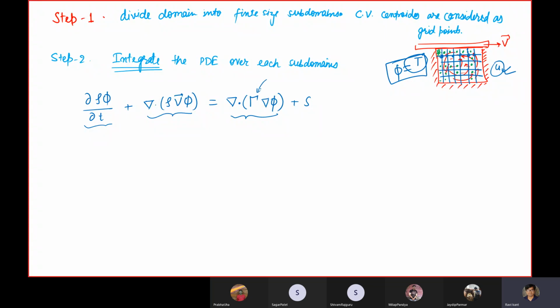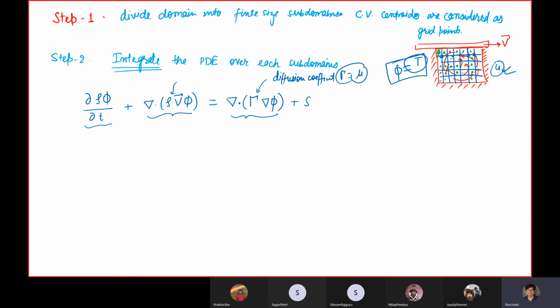This gamma is your diffusion coefficient. When you write the Navier-Stokes equation, this gamma is nothing but your kinematic or dynamic viscosity, mu. And this rho is the density of your fluid.